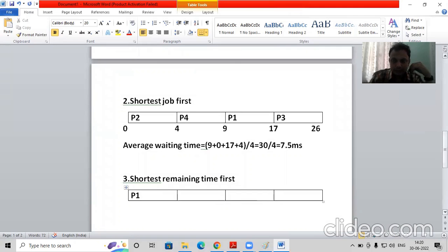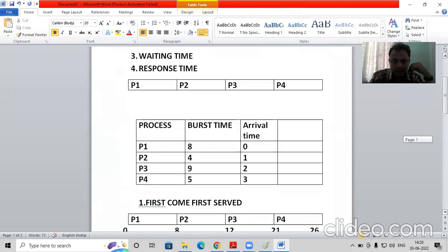So P1 has come, but after 1 second of P1 executing, suppose P2 has arrived. P1 executed for 1 second, so 8 minus 1 means 7 milliseconds remaining for P1.